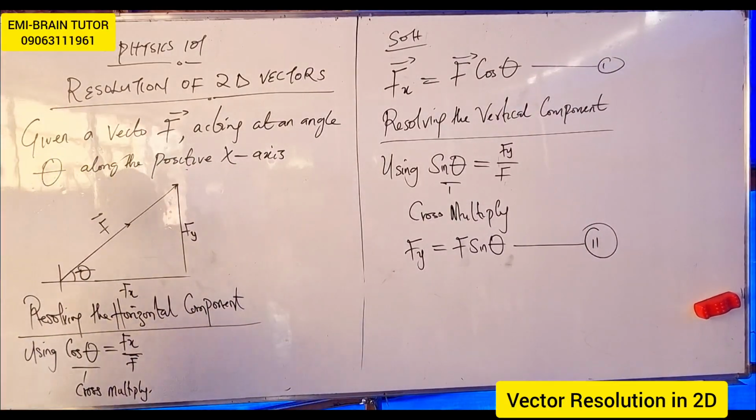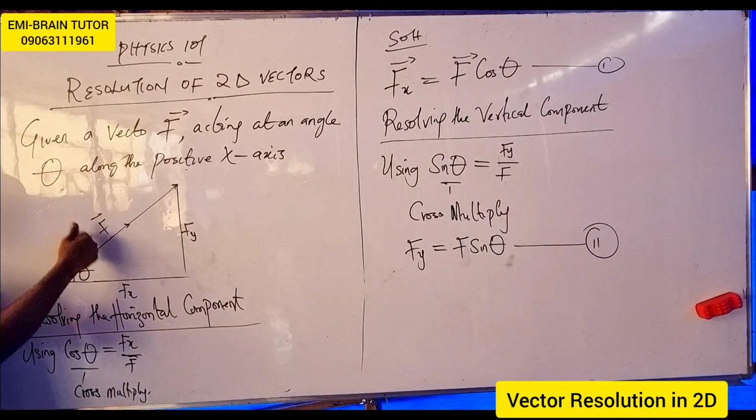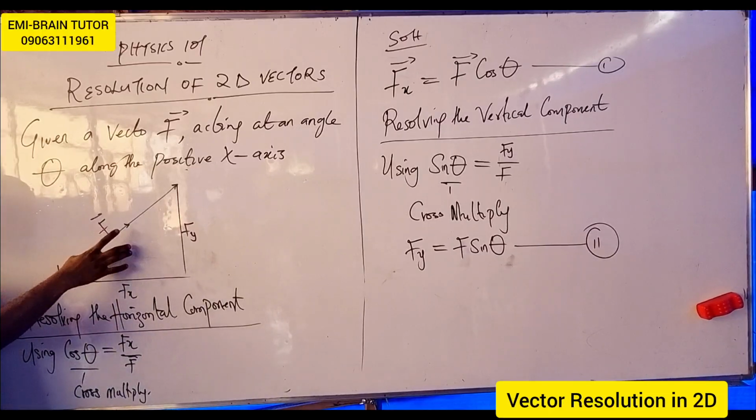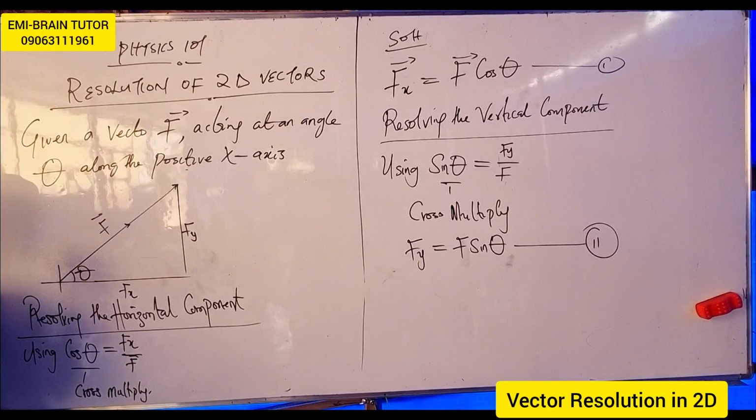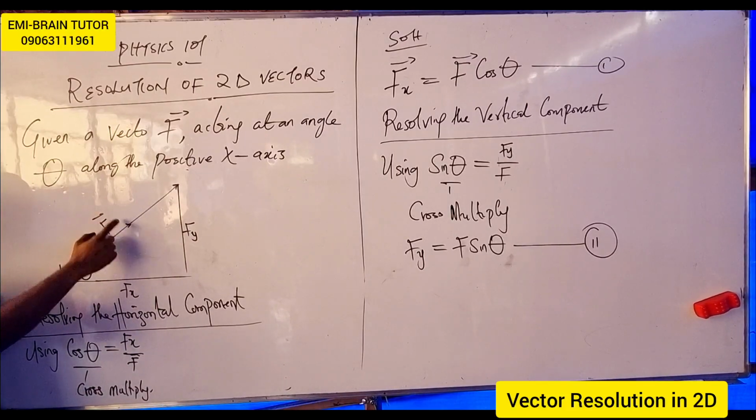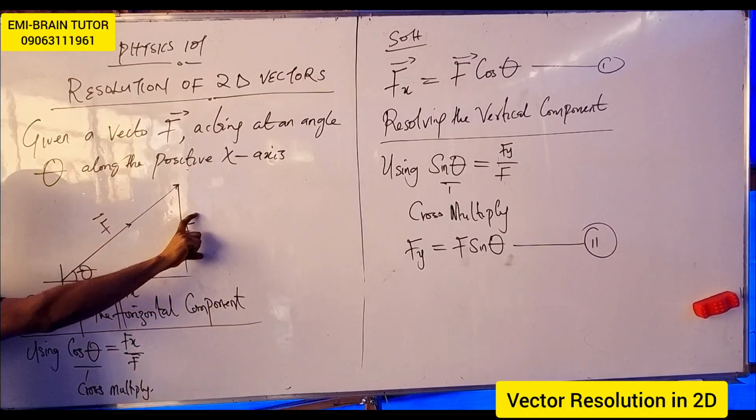Now let me ask this question. If I'm to find F, what do we do? I'll apply the Pythagoras principle, which says F squared equals Fx squared plus Fy squared.